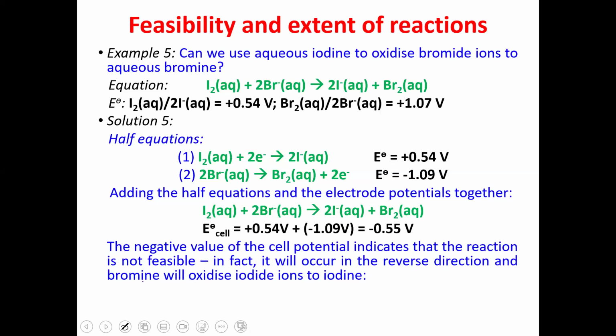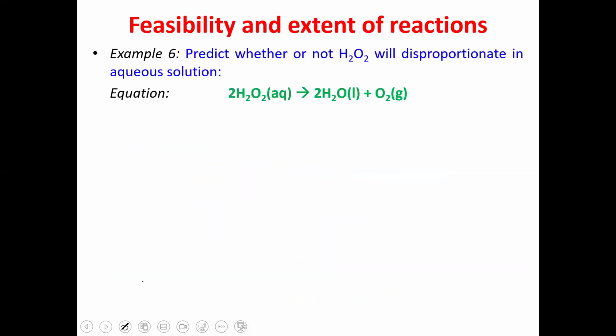In chemistry, we always say that sometimes you find a feasible reaction in terms of electrode potential, but other factors like chemical kinetics, entropy, or activation energy are also involved. Now you have this equation. Now feasibility, look at this example: predict whether or not H2O2 will disproportionate in aqueous solution.